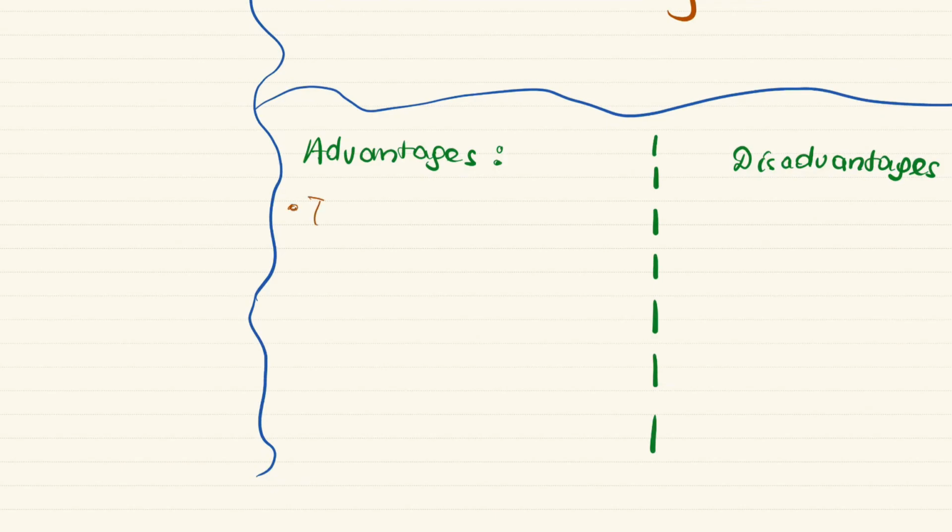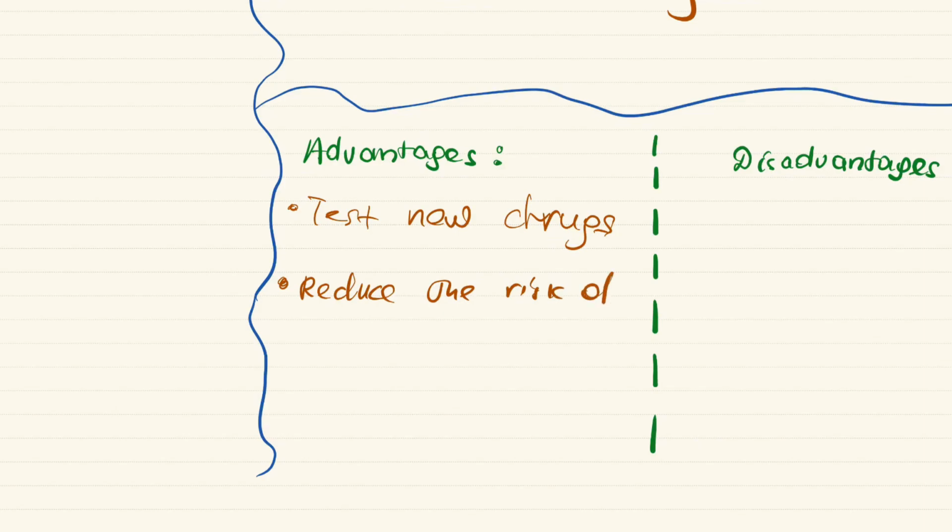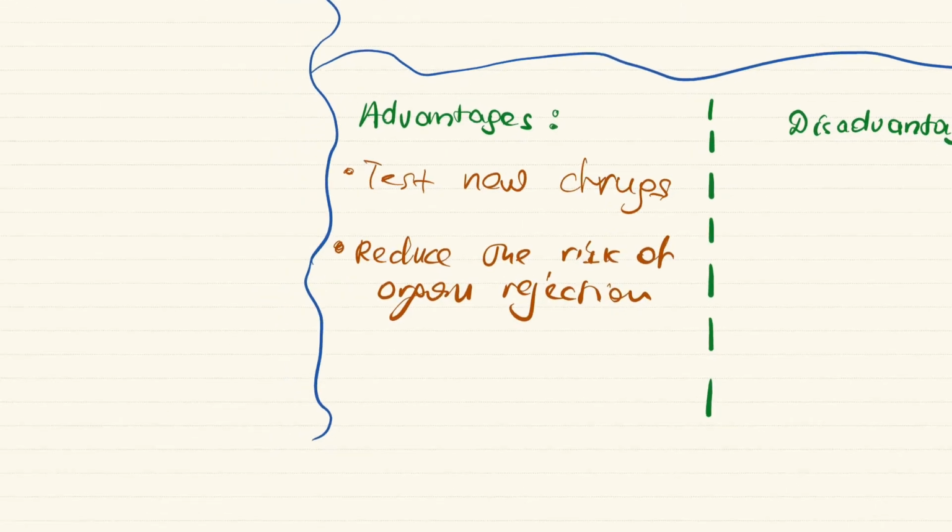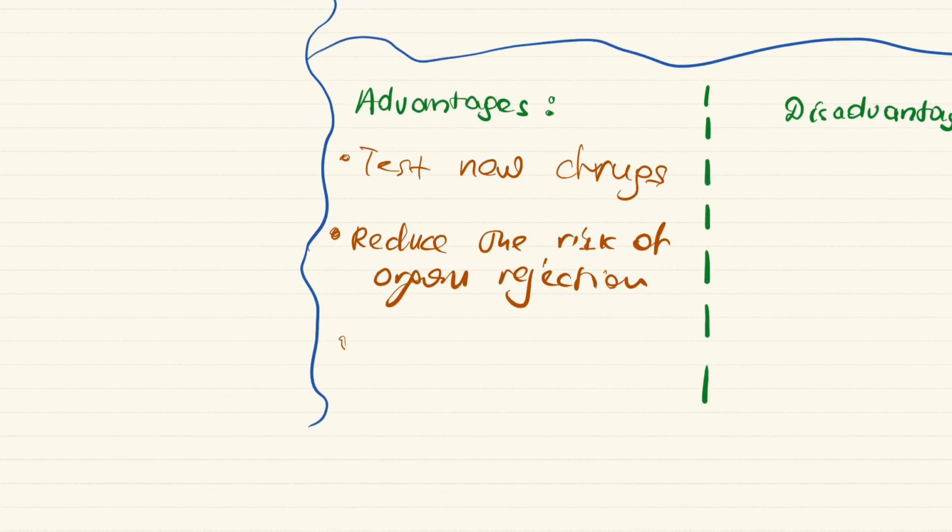As I said, they can be used to test new drugs, so it is making it much easier, and it can reduce the risk of organ rejection, as the cells are taken from the patient itself, and there will be less risk of organ rejection, and it can help to fight against diseases.